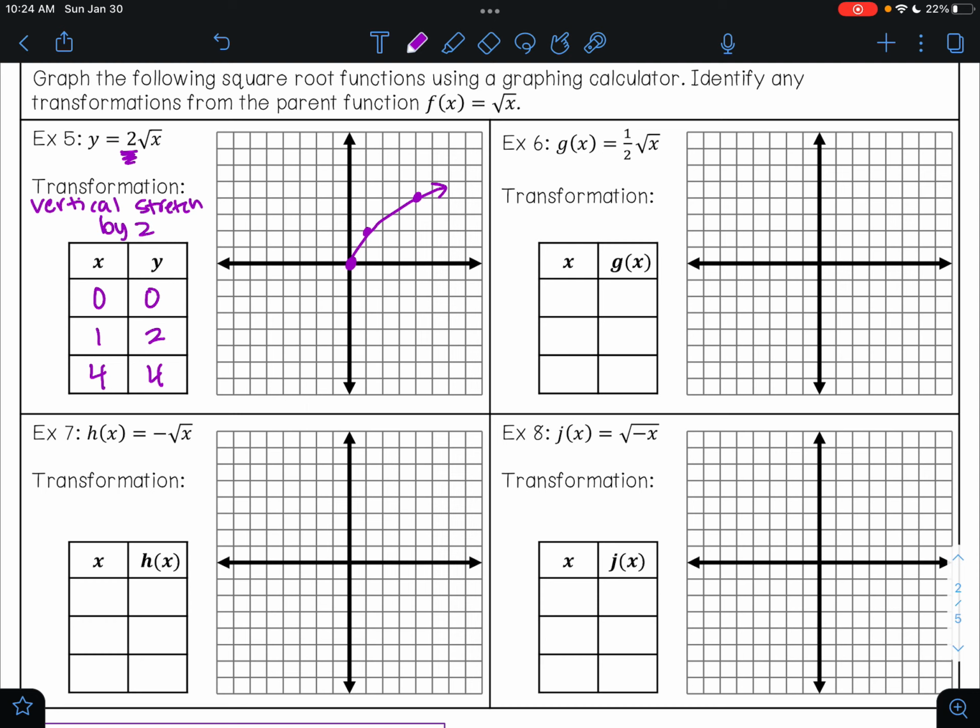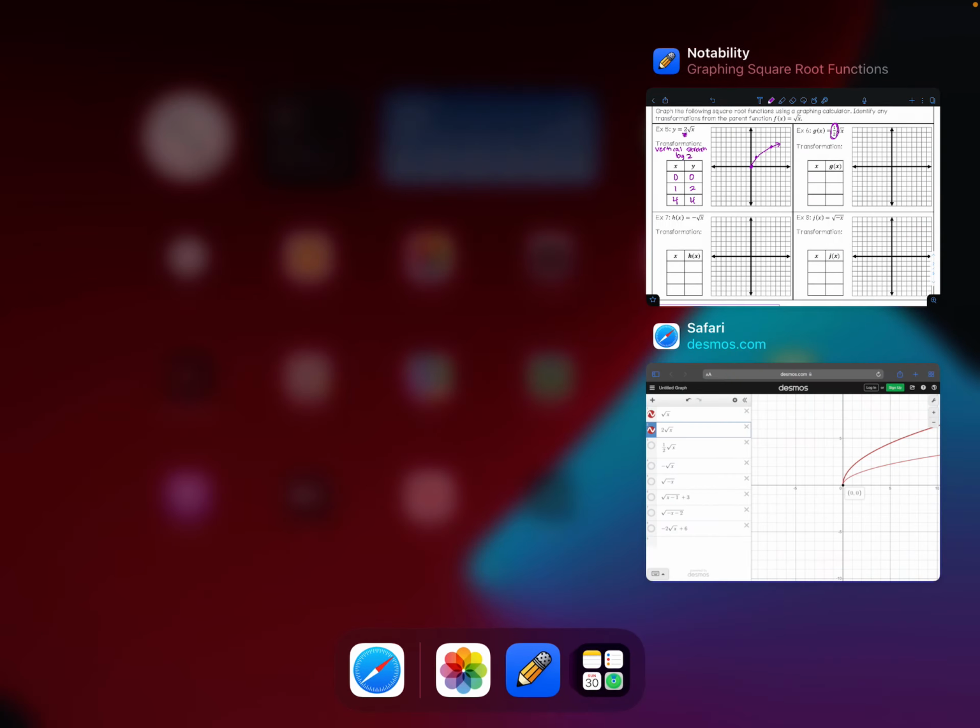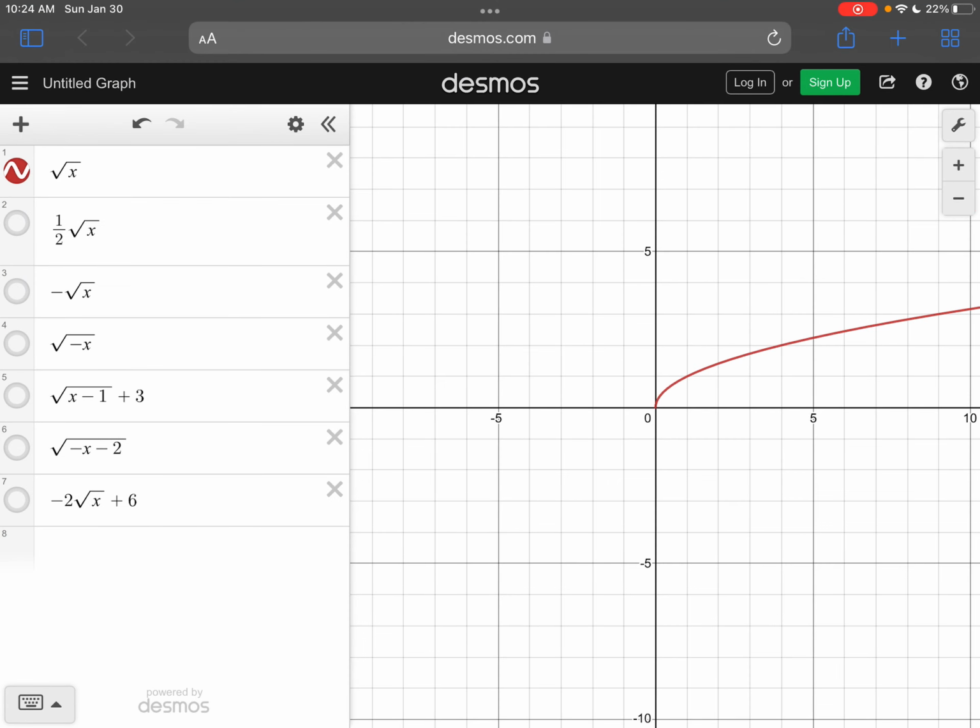by 2. So what's going to happen if our A value is 1/2? If A is 1/2, this has been a vertical compression, also known as a vertical shrink. When we have that, our new function is going to be at 0, 0.